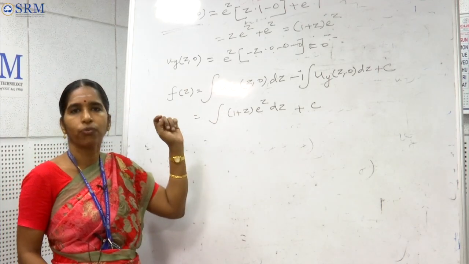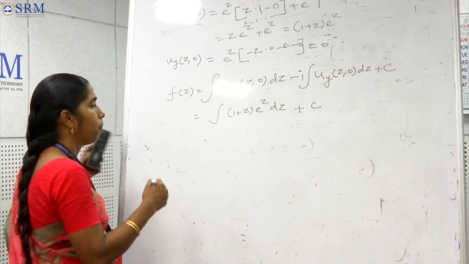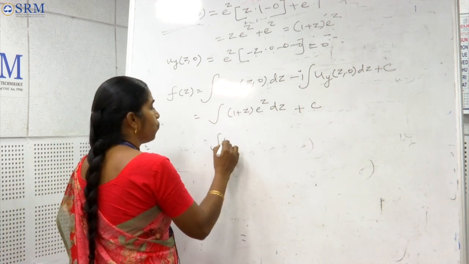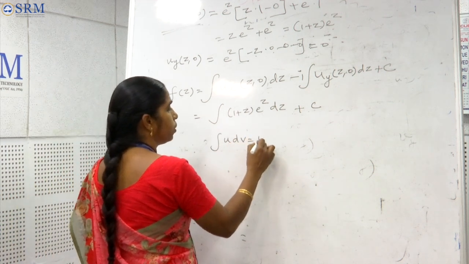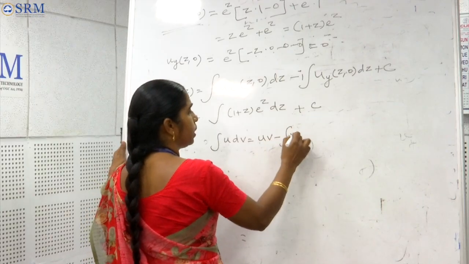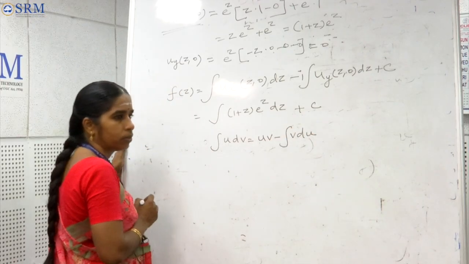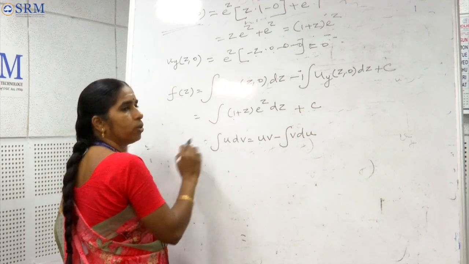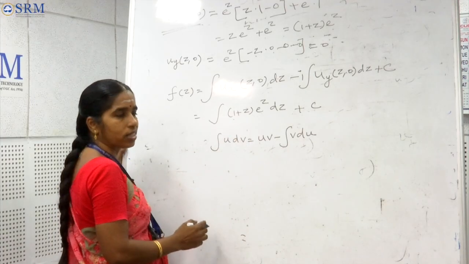Integration with respect to z. You apply the u dv formula: integral of u dv equals uv minus integral of v du. You know the product term, no? So one is u, another one is v.